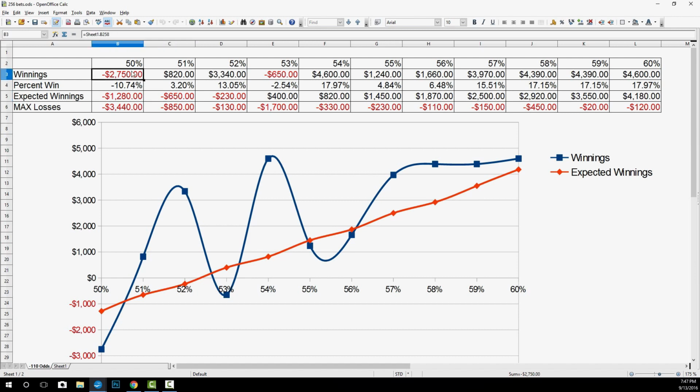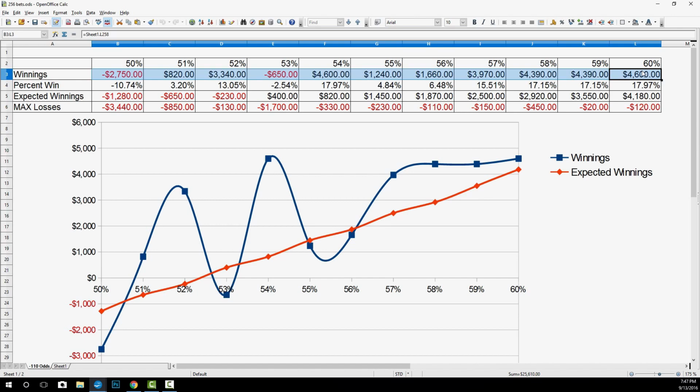But here in the winnings column, represented by the blue line, I have a simulation based on a random number generator, but with the winning percentage applied to it. And what you can see from that is the volatility over this short sample size of wins and losses.